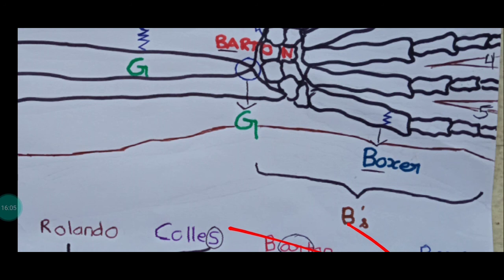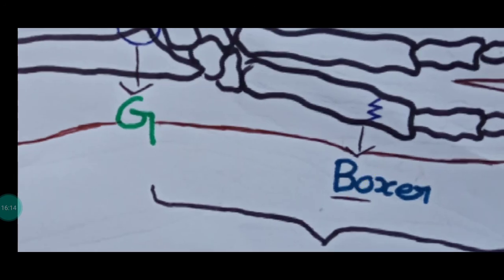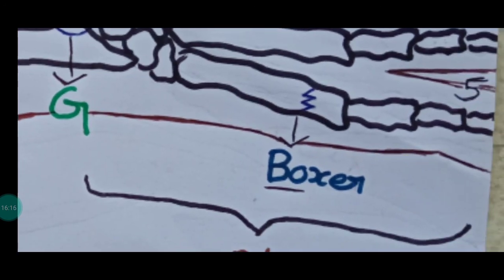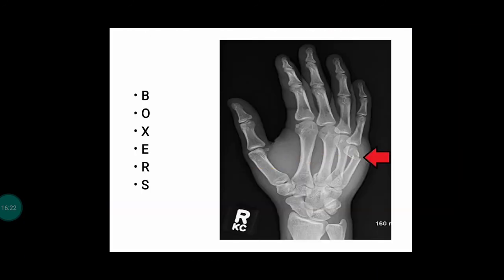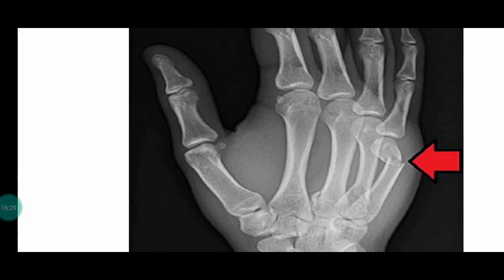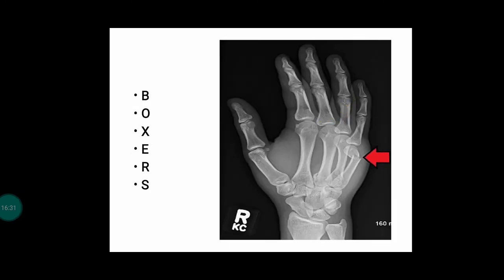So the distal region of the 5th metacarpal, or you can say fracture of the neck of the 5th metacarpal, is known as the Boxer's fracture, right? As you can see here, it is usually seen in boxers. It is seen in the neck of the 5th metacarpal. These are the named fractures that we will be learning.